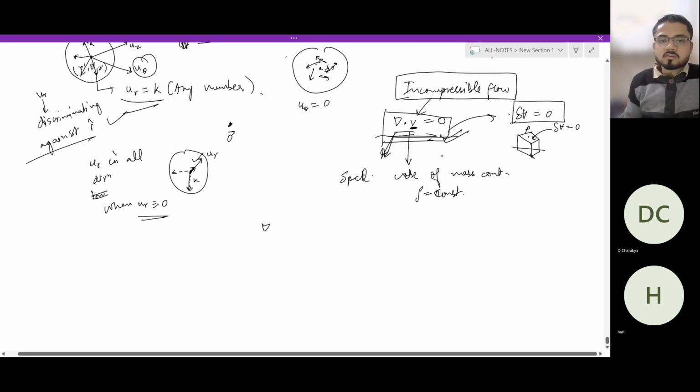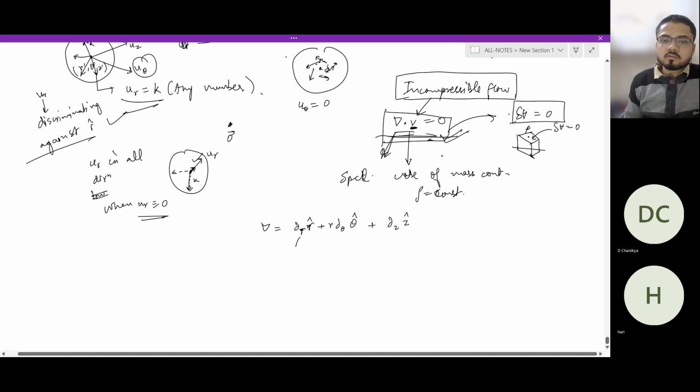And what does the grad sign mean? This is del, which is something like del r vector plus del theta vector plus del z vector.